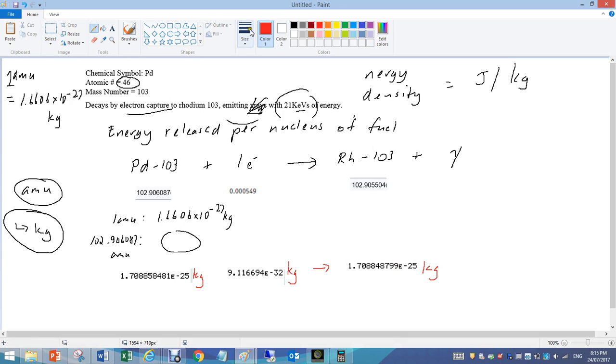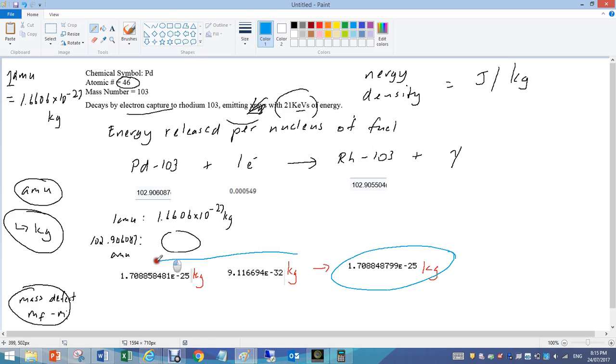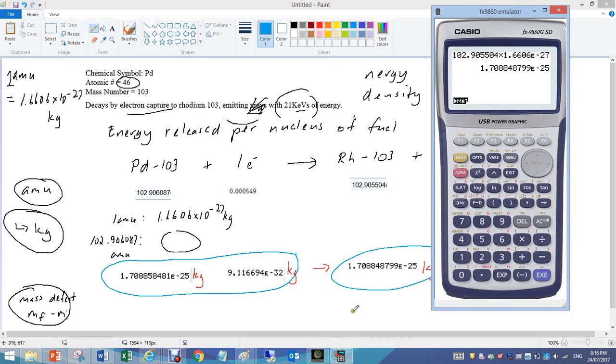Okay, next thing, now we've got to find the mass defect. Mass defect means the mass that we lose and gets converted to energy, so that's going to be the final take the initial, which would be this, take away all of that. I've already got that stored on my calculator.